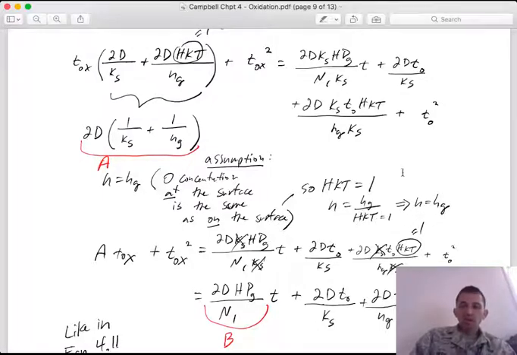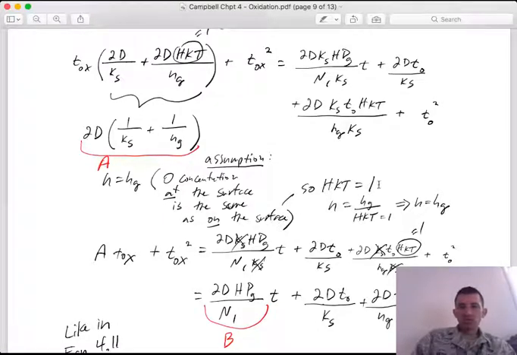If HkT is equal to 1 in Henry's law, basically what we're saying is that the concentration at the surface, near the surface, is the same as the concentration of oxygen adsorbed to the surface. So that's what we mean by Henry's law.